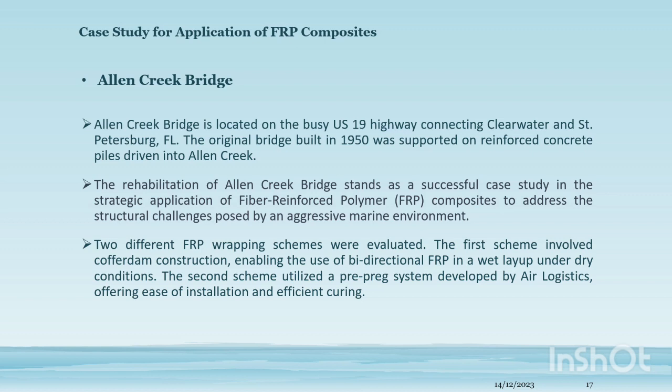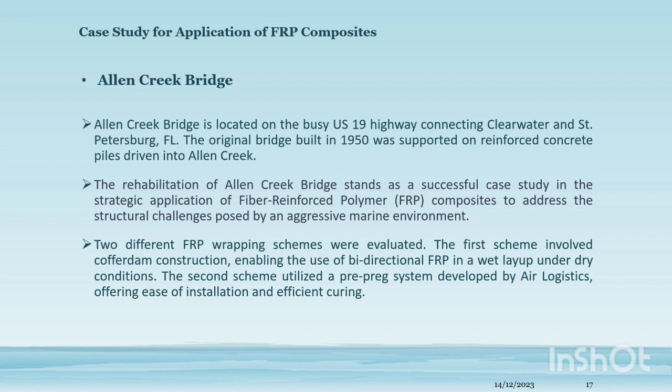The rehabilitation of Allen Creek Bridge stands as a successful case study in the strategic application of fiber reinforced polymer composites to address the structural challenges posed by an aggressive marine environment. Two different FRP wrapping schemes were evaluated.